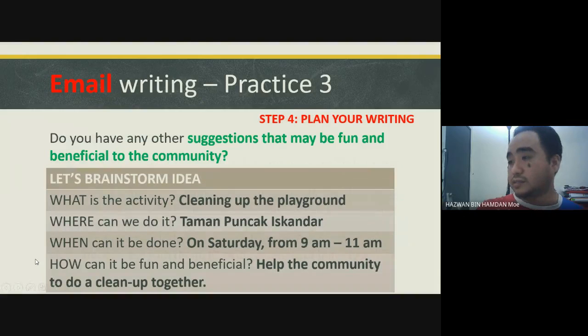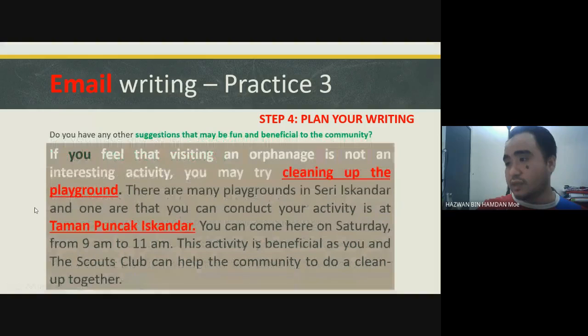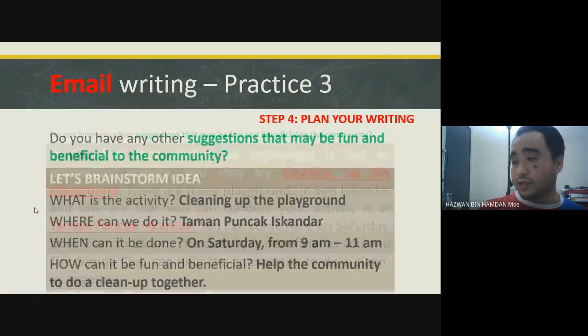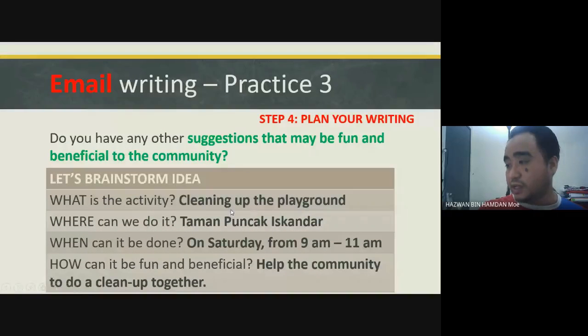Next. Okay. Just now kita dah brainstorm ideas. So next what we are going to do is to put these ideas into sentences. Okay. So that's why it is important for you to have this WH question. Okay. Supaya kita boleh merge after we have brainstormed the ideas. Okay, if you look at the point is cleaning up the playground.